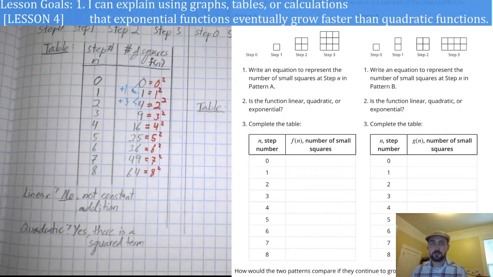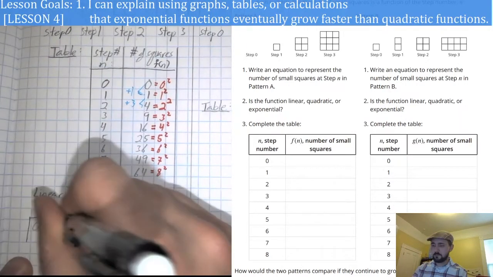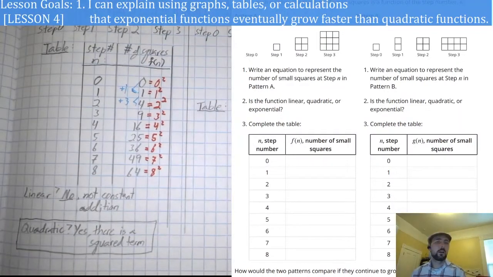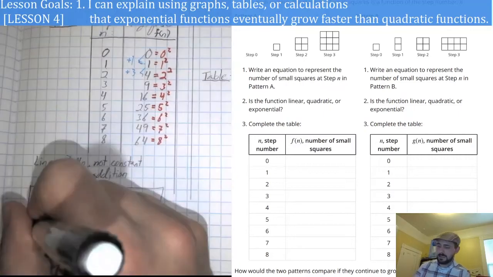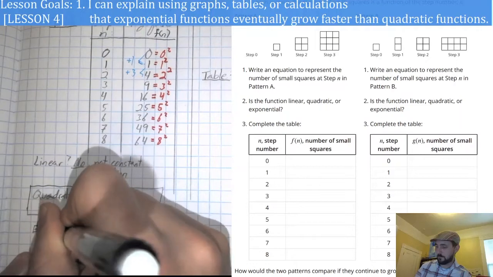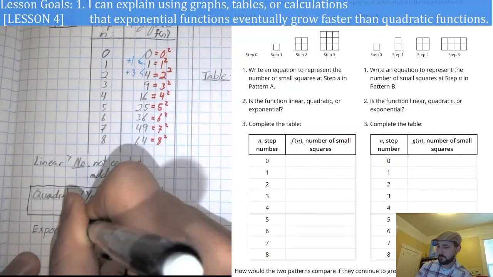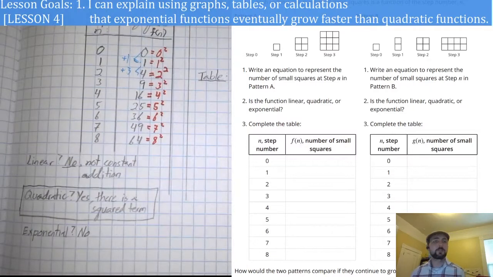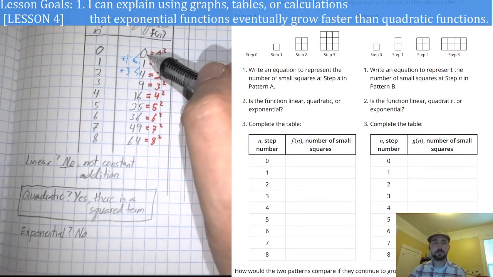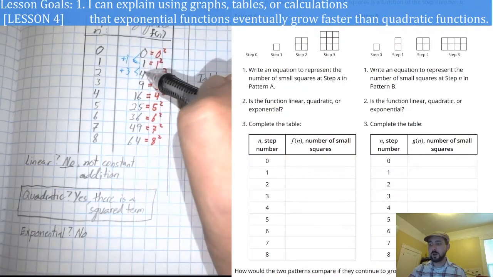So then is it exponential? No, because it's quadratic. And if we want to do better than that, we could say, for something to be exponential, it's because there's a constant multiplier. This is digging deep in those memory banks, right? And so when we look at our table, is there a constant multiplier to get from 0 to 1 to 4 to 9?